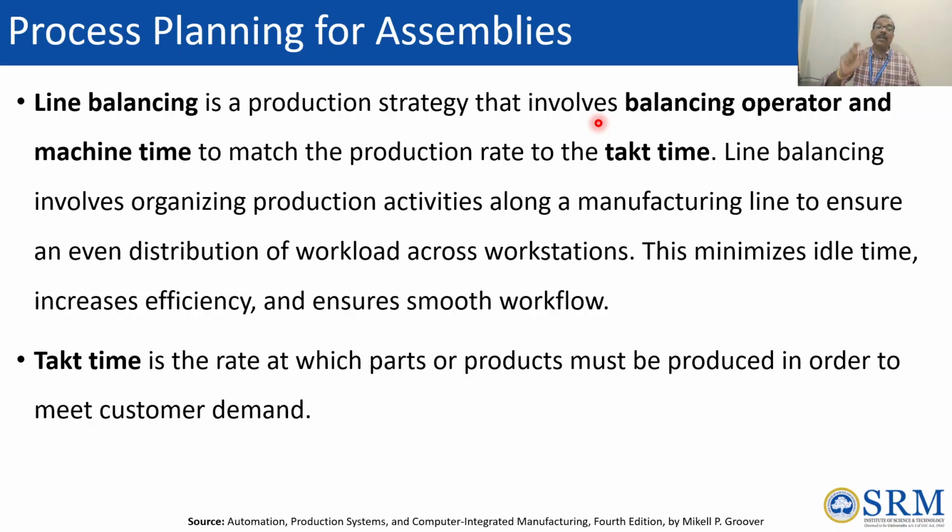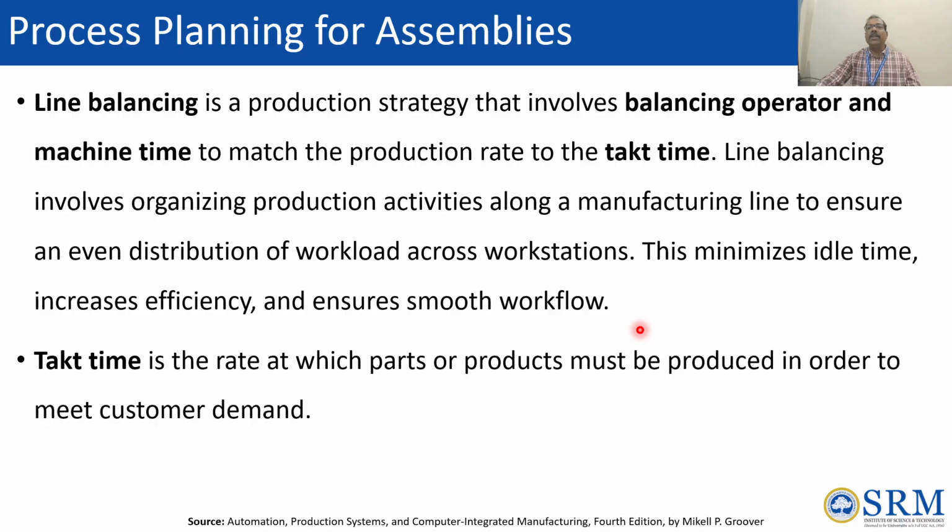Takt time is the rate at which the parts must be produced in order to meet the customer demand. So line balancing involves organizing production activities along a manufacturing line to ensure an even distribution of workload across workstations. This minimizes idle time, increases efficiency, and ensures smooth workflow.